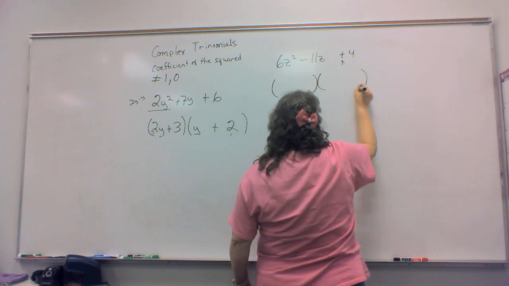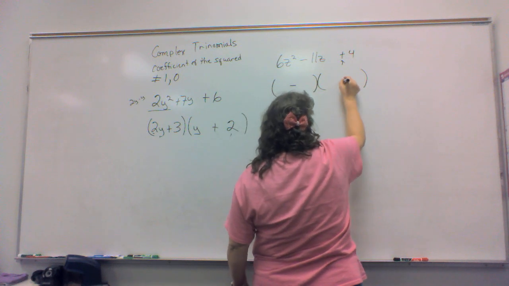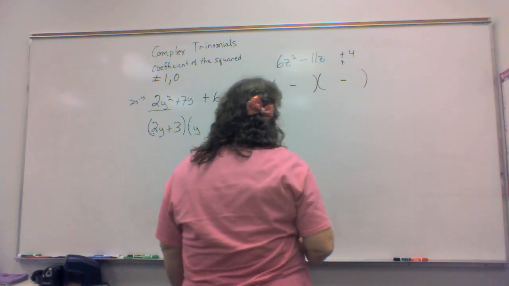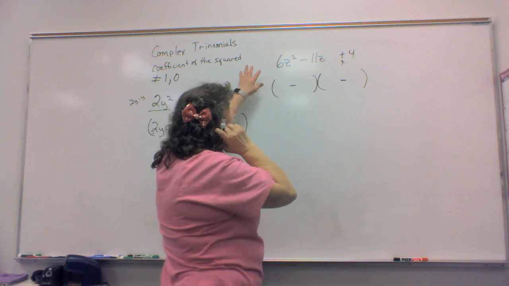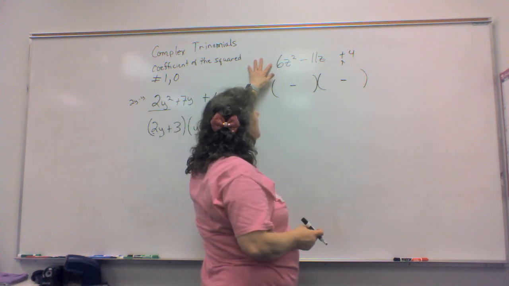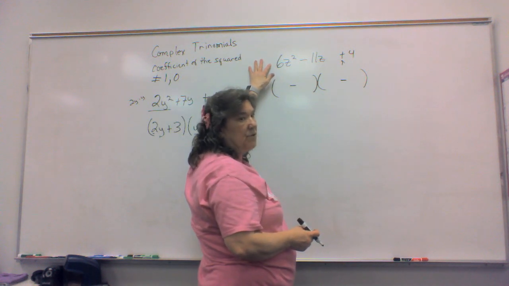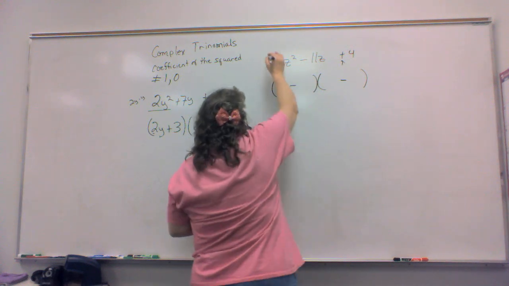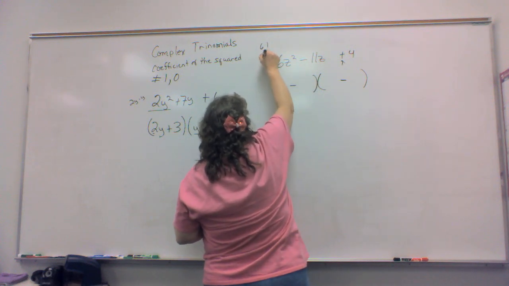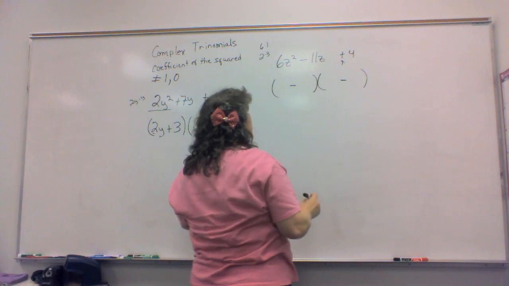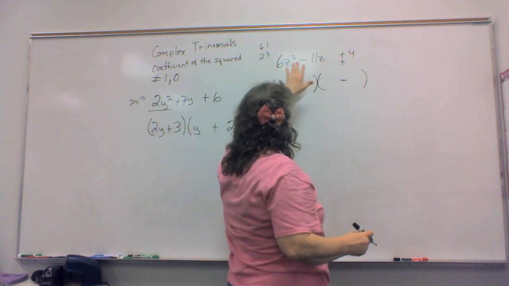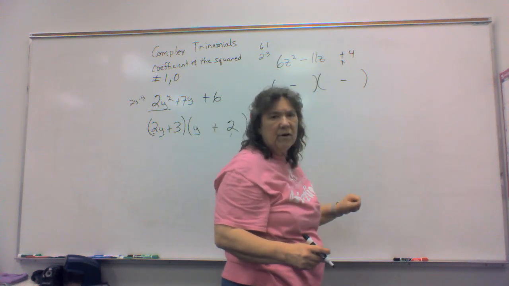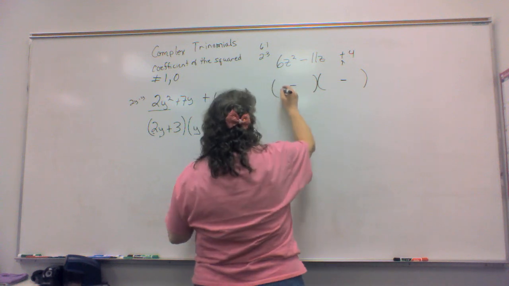So we know that inside here, both of these are negative. Now, we have a 6 times a 1 or a 2 times a 3. Usually, we will go with the closer one first, especially since 11 isn't usually bigger than 6 and a 4. So the closer will probably be our better bet.